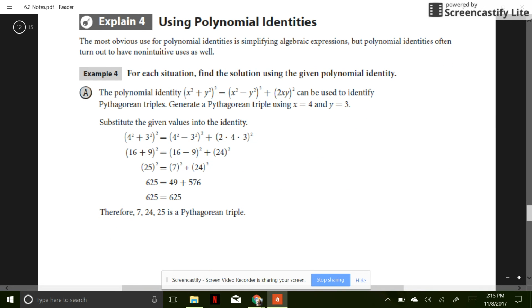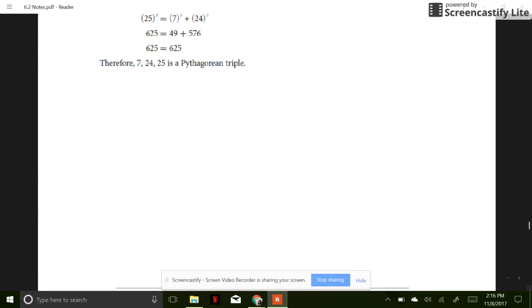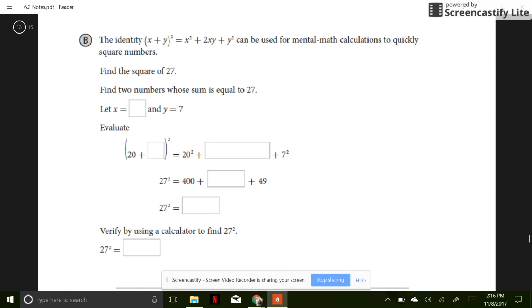We can use some of these identities to do some easy mental math tricks. So here we're going to do that with some examples. So the identity (x plus y) squared is equal to x squared plus 2xy plus y squared. You can use that for some mental math calculations. So if we want to find the square of 27, we want to pick some nice numbers that we know the values of.